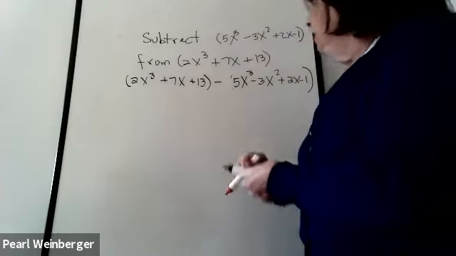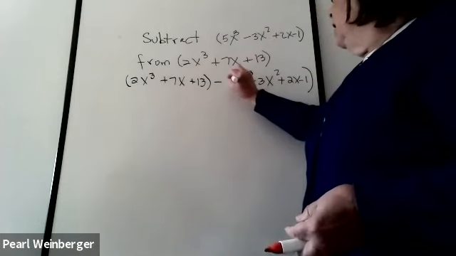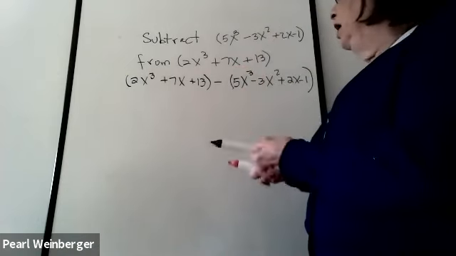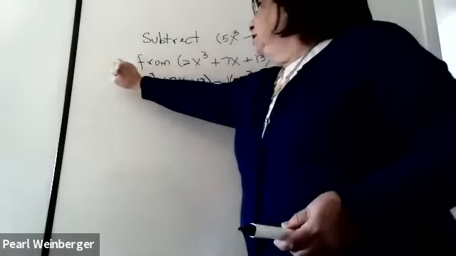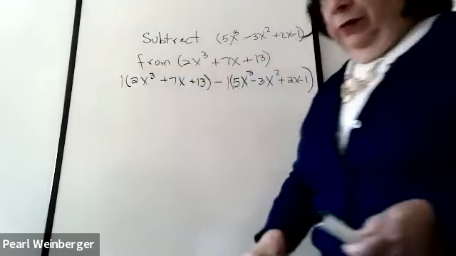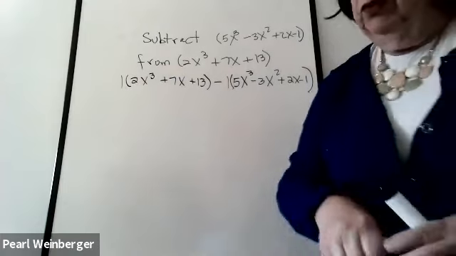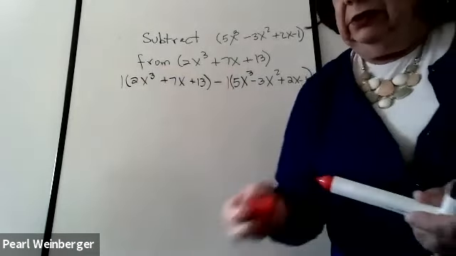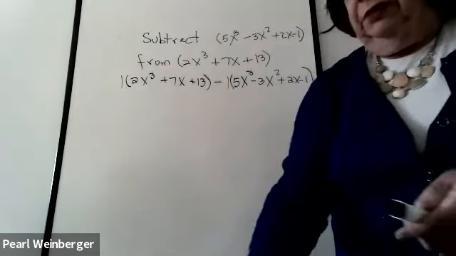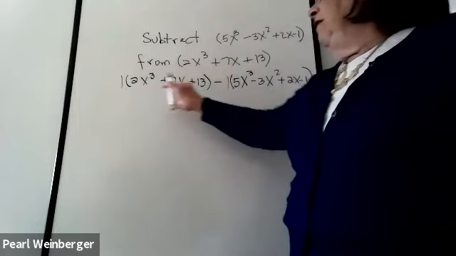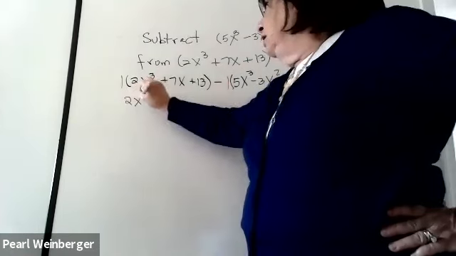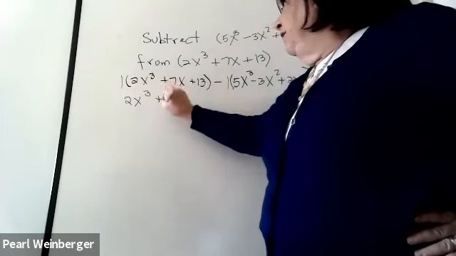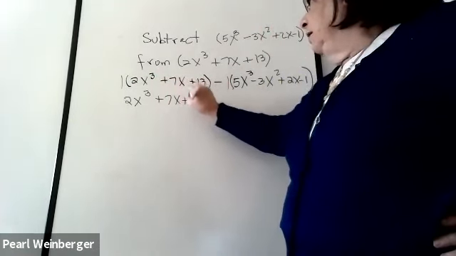It's as if there is an invisible 1 in front of each of these parentheses. So when we remove the parentheses, when you multiply everything by 1, the first polynomial just stays 2x to the third plus 7x plus 13.